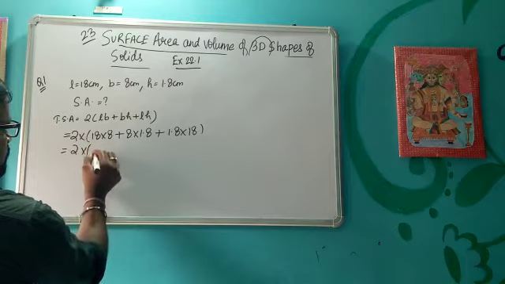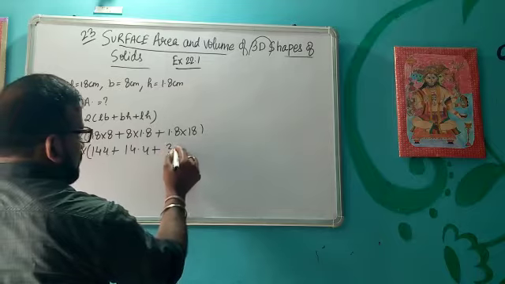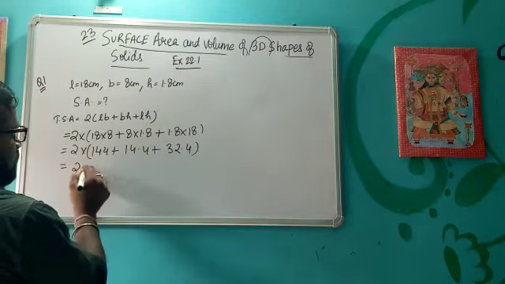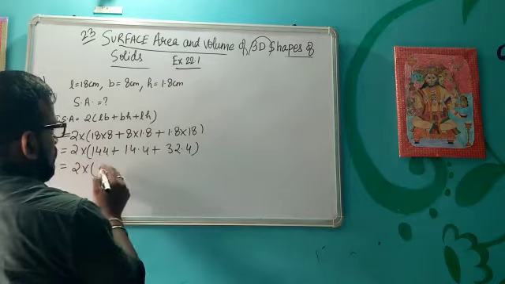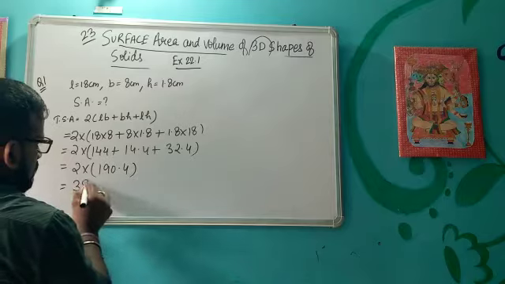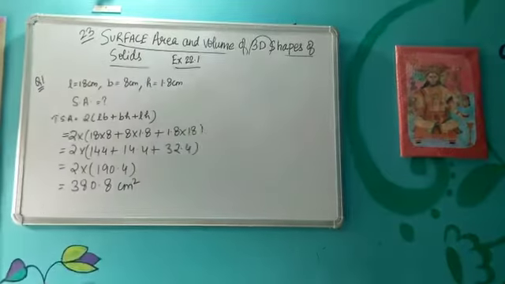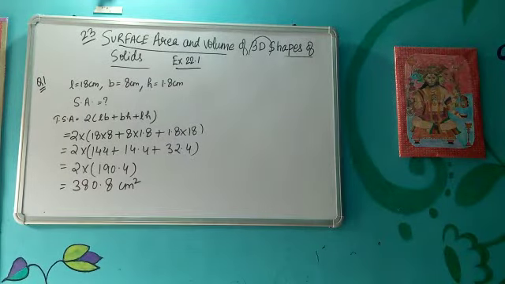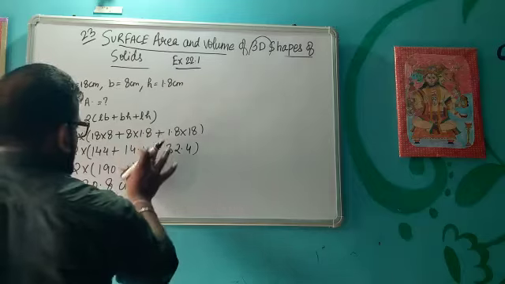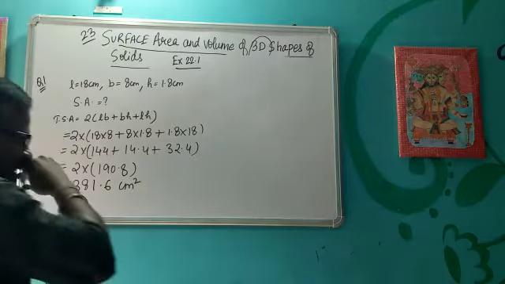So the total surface area of this geometric box is 381.6 centimeter square.